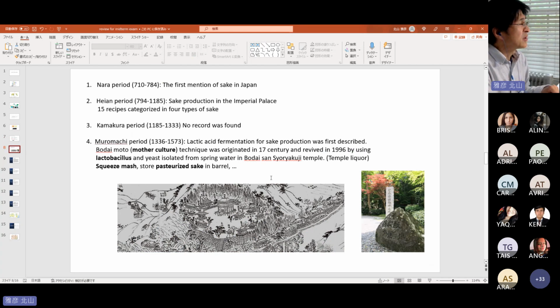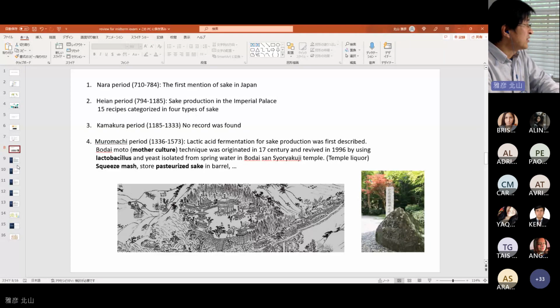And you also learned some history of sake production at the temple in Nara Prefecture between 1336 and 1573. This temple developed 5 major techniques to make sake.